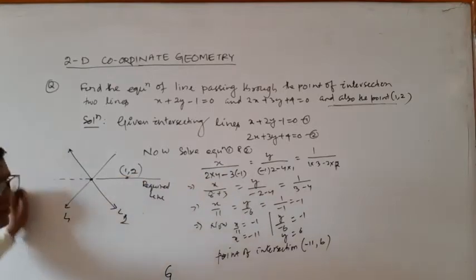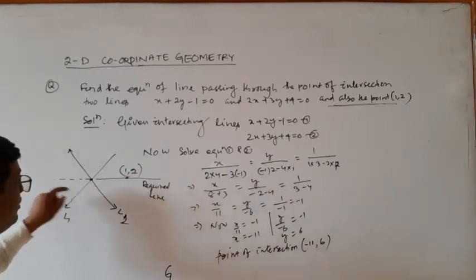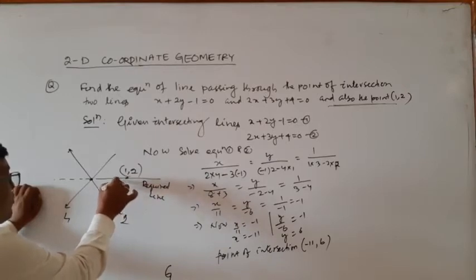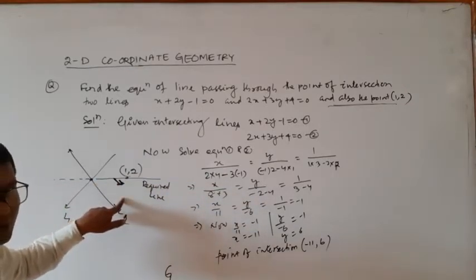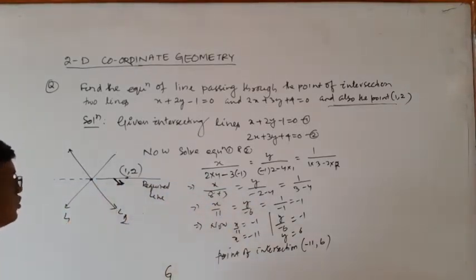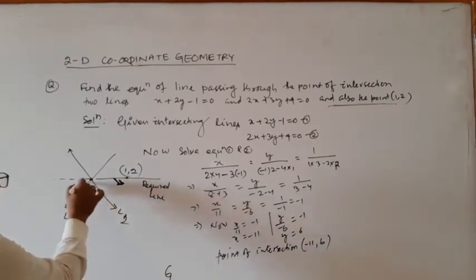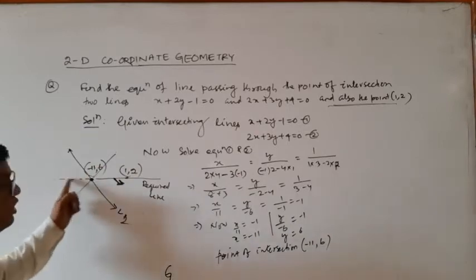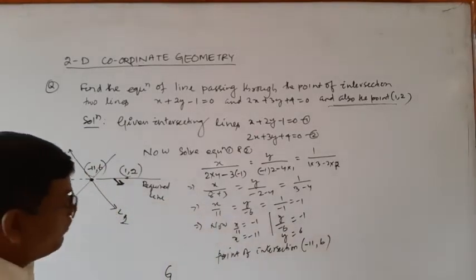We have to find the equation of this line. This point of intersection is obtained as minus 11, 6. So the equation of the required line in two-point form.